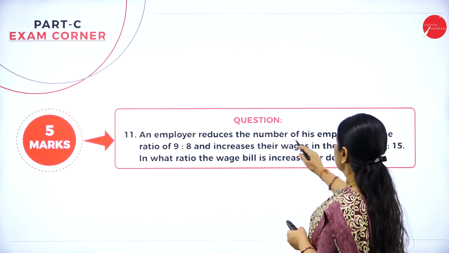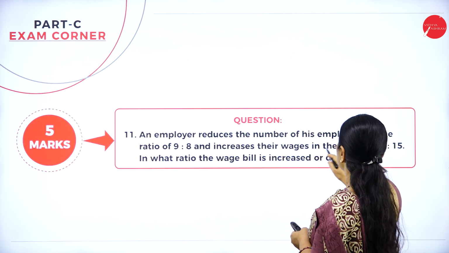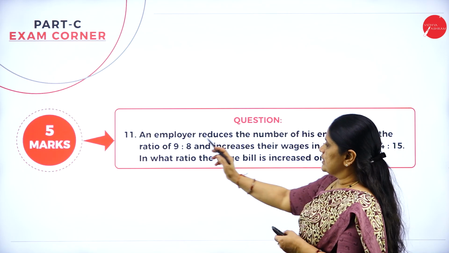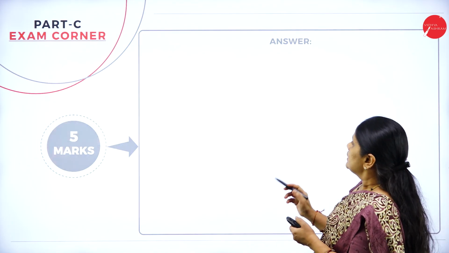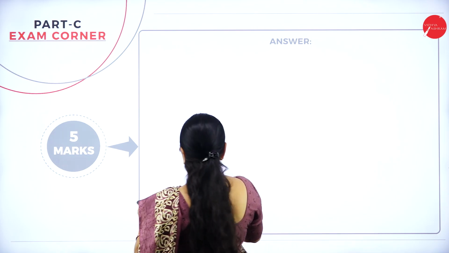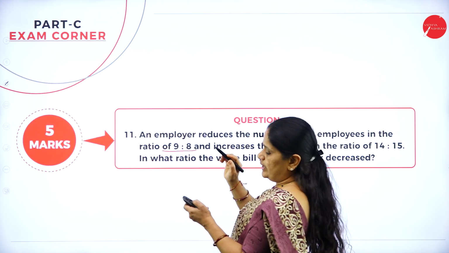An employer reduces the number of his employees in the ratio of 9:8 and increases the wages in the ratio of 14:15. In what ratio is the wage bill increased or decreased? So we'll note down here. The ratio of number of employees is 9:8.